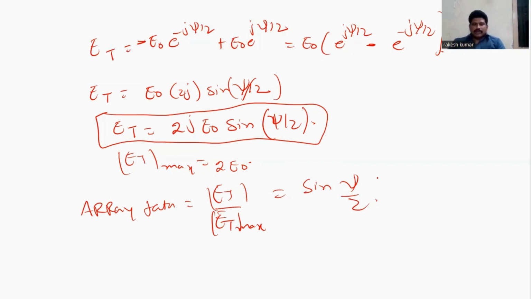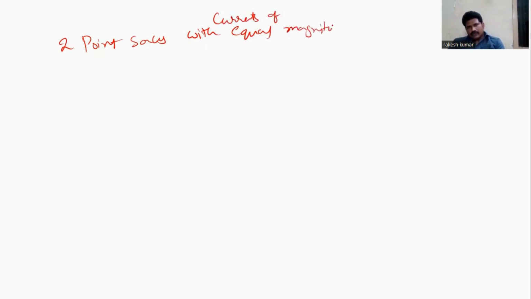Now let us check for different cases. For two-point sources with currents of equal magnitude and opposite phase, let us see in which direction we get maximum radiation, in which direction we get minimum radiation, and in which direction we get the half power beamwidth condition.